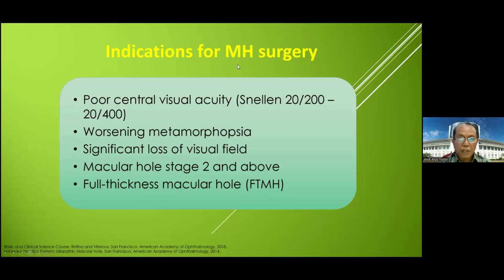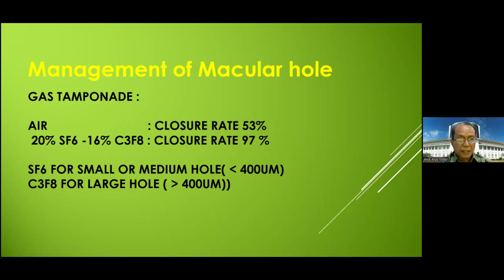Indications for macular hole surgery are poor central visual acuity, worsening metamorphopsia, significant loss of visual field, macular hole stage 2 or above, and full thickness macular hole. For gas tamponade, if we use air, the closure rate is lower, only 53%.